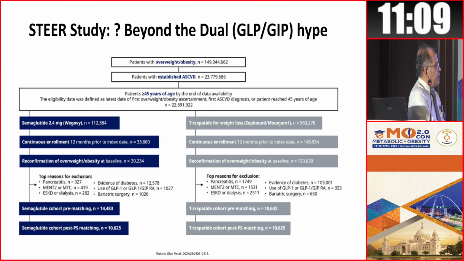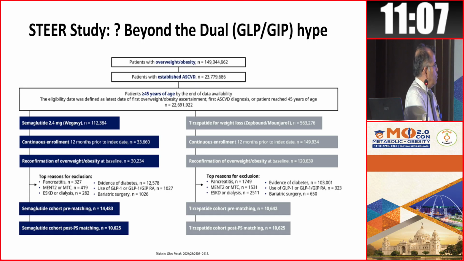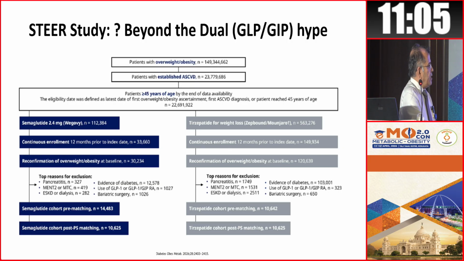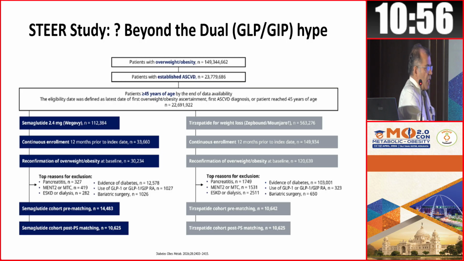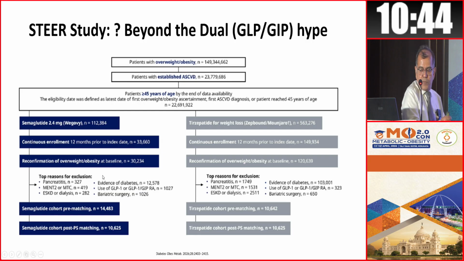The other group had tirzepatide given in the standard dose. Ultimately, after the exclusions, we had in the semaglutide arm pre-matching around 14,000 patients, and ultimately 10,000 patients were included in the final study. Similarly, in the tirzepatide arm, nearly 10,000 patients in both the arms.